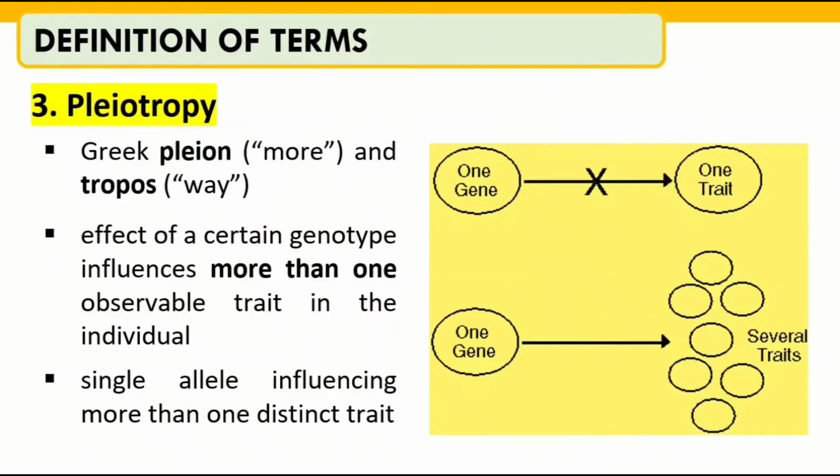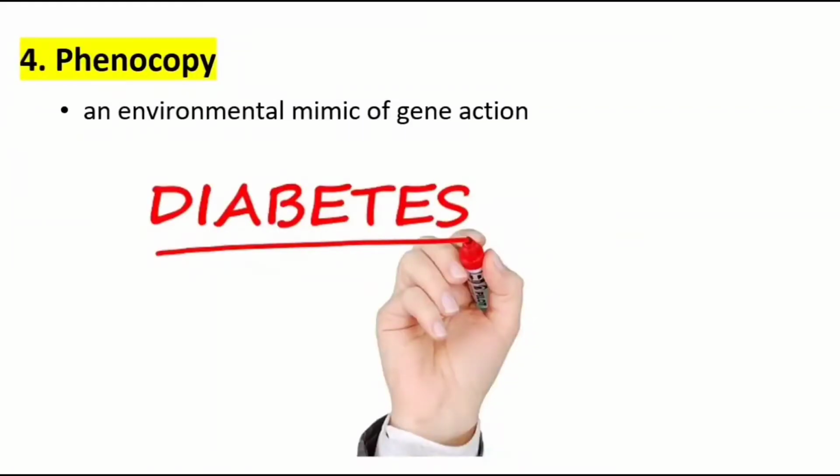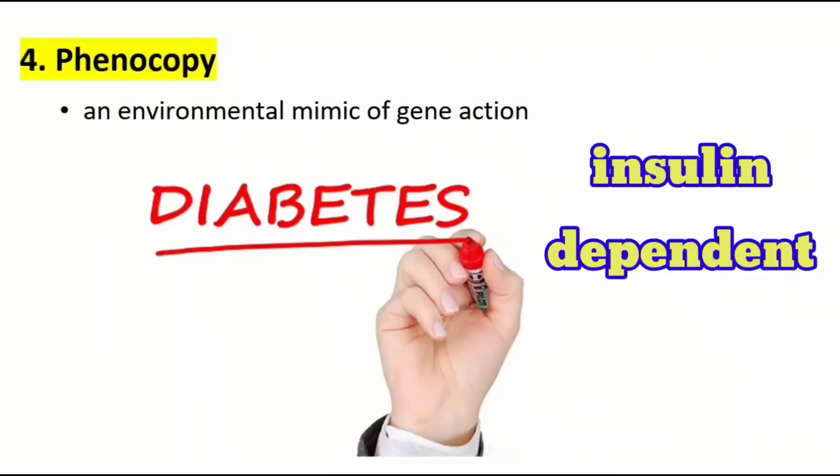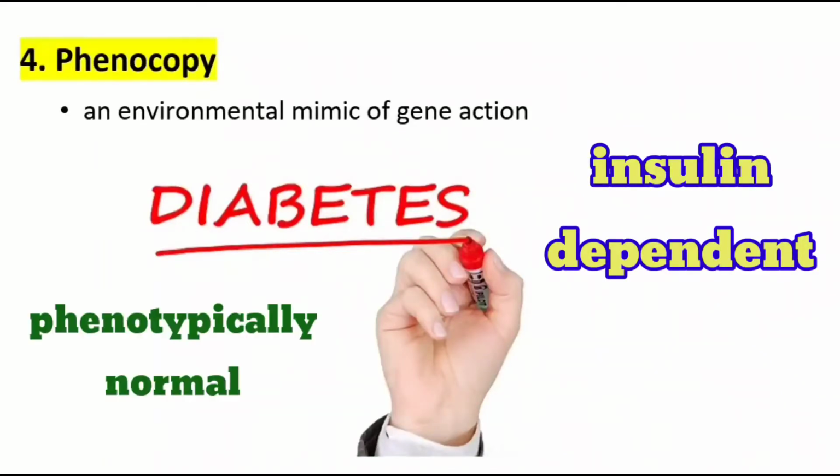Okay. So the last term that we will define before we proceed to external environment is Phenocopy. And this means an environmental mimic of gene action. Yung example natin dito is diabetes. Okay? So for example, we have an individual with a genotype coding for diabetes. Okay? But because we have an environmental influence, say for example, they are dependent on insulin, they will be phenotypically normal.